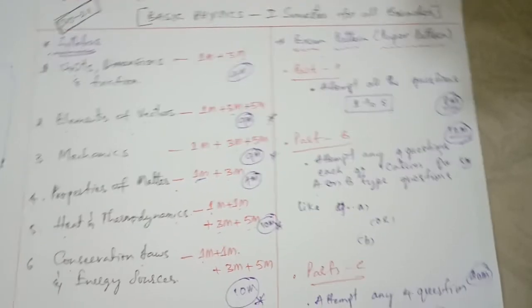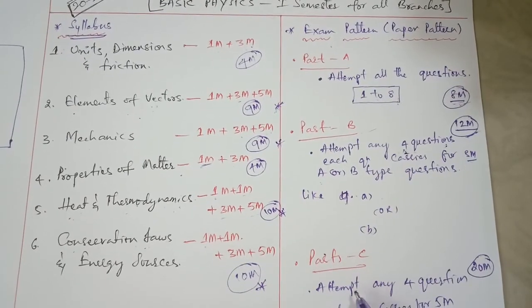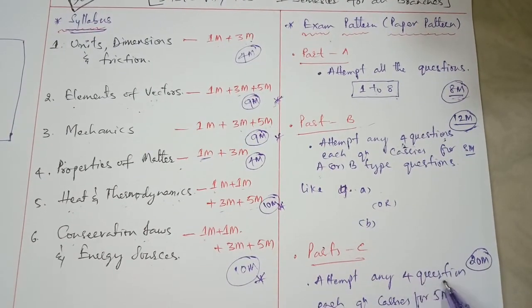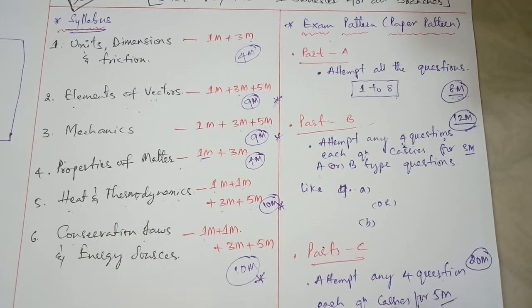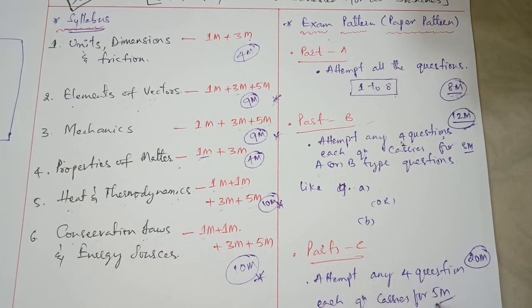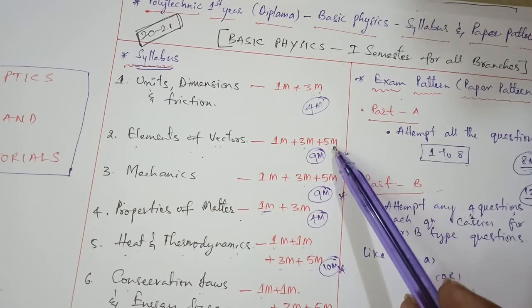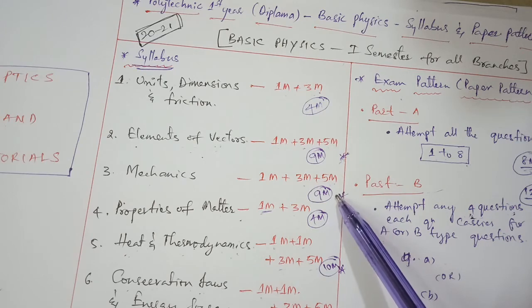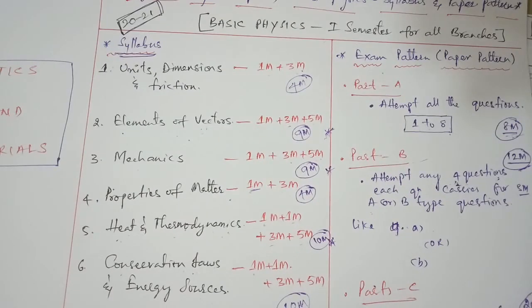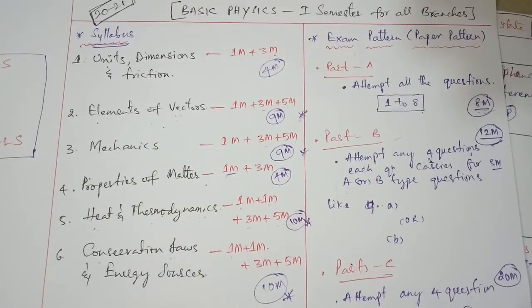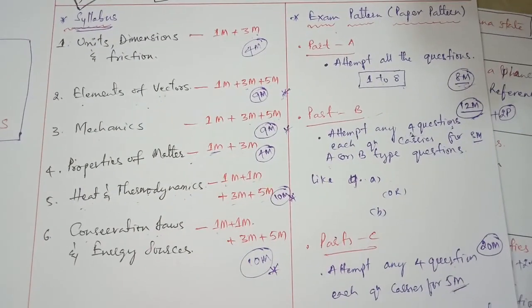And part C, the last part: attempt any 4 questions. Each question carries 5 marks. So these are long answers, 5 marks. Already we have discussed elements of vectors and mechanics, heat and thermodynamics, and conservation laws and energy sources. Here also the same A or B type question will be there.